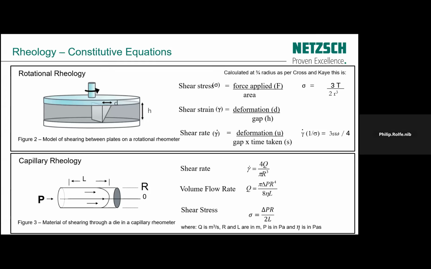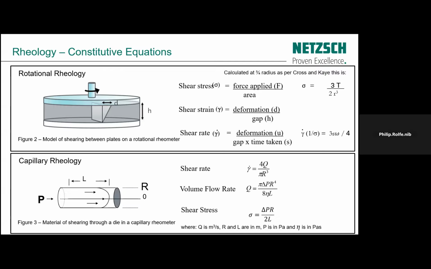So the shear rate is 4Q over pi r cubed, where Q is the volumetric flow rate in meters cubed per second. You can also get the volumetric flow rate from just obviously the volume. You can measure the pressure if you want and the viscosity of that. If you want to see the shear stress in a nozzle, then you can calculate that from delta P R over twice the length of the nozzle.